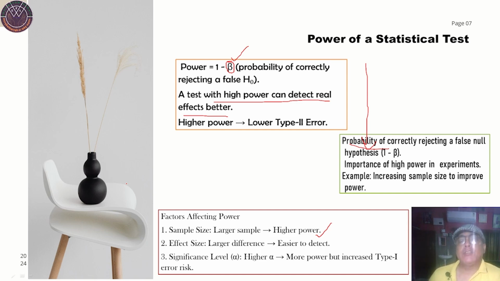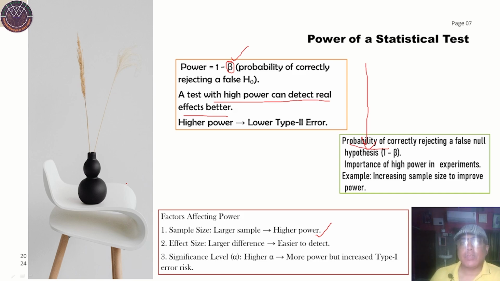But the chances of committing type 1 error also increase, because many times there is no difference in reality and you detect one because you have increased alpha and are taking more chances. So you have to be sure you are not committing type 1 error. Of course it increases the power, but you should see that there is no negative effect.